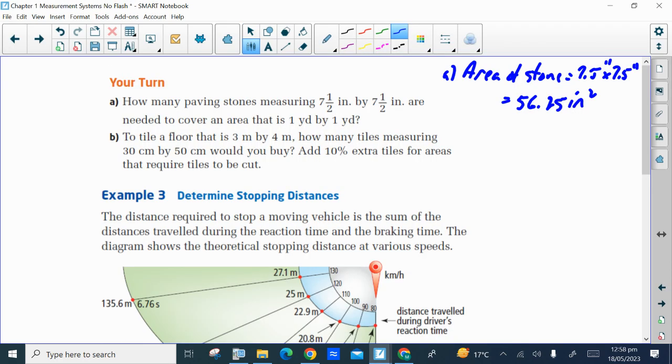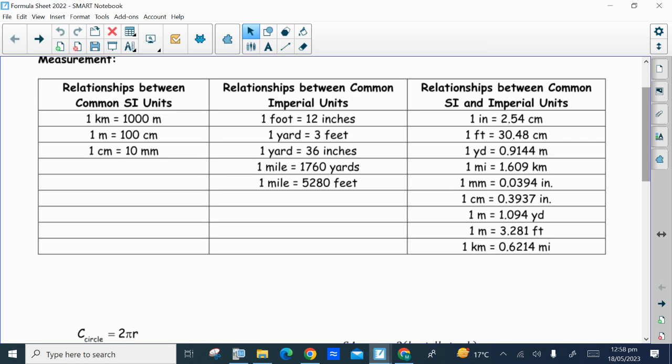Okay, now the area to be covered is 1 yard by 1 yard. But we're going to have these two measurements in the same units. So if we look at our formula sheet, 1 yard is 36 inches, and we talked about that yesterday.